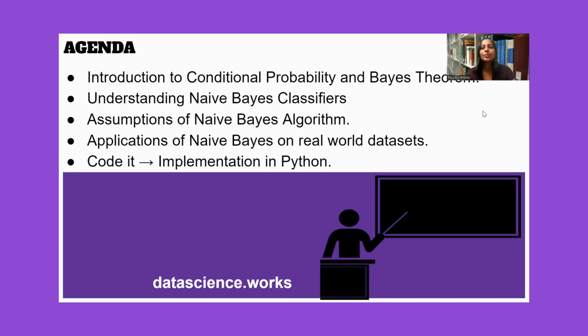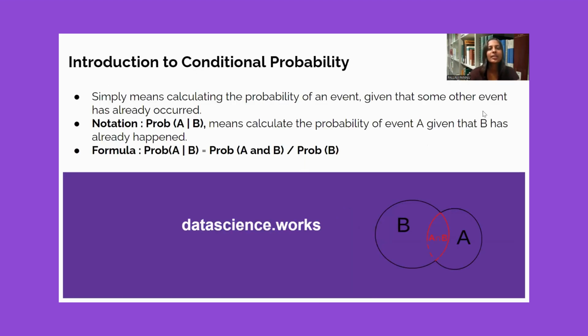So let's get started with the first, that is, the introduction to conditional probability and the Bayes theorem. Conditional probability, as the name suggests, means we calculate the probability of an event given that some other event has already occurred, right?